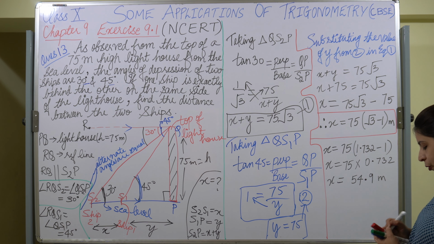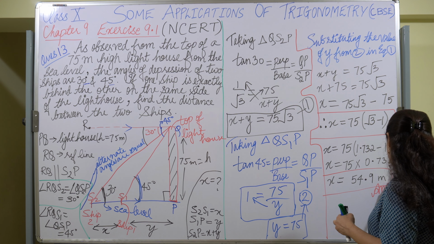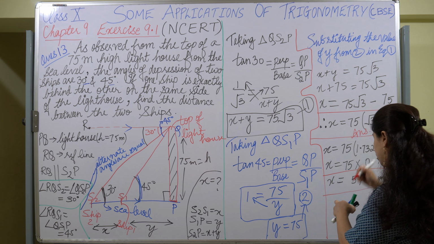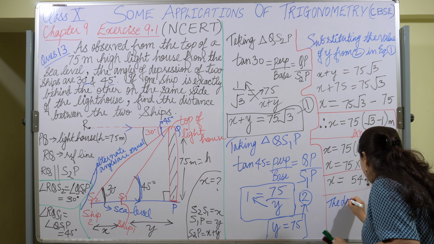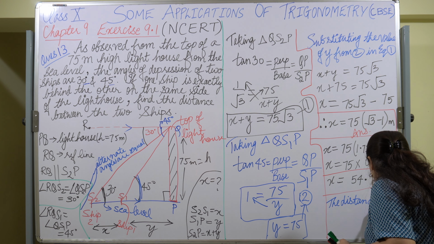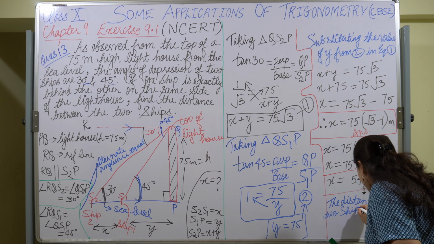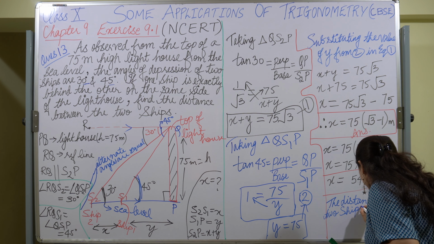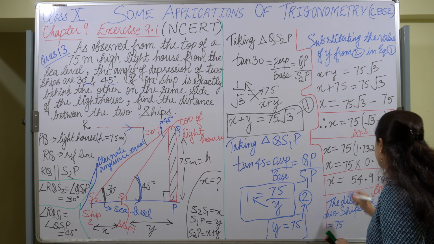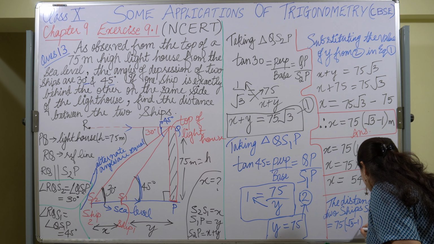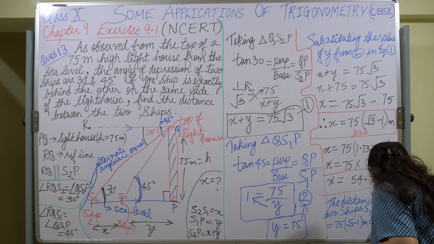So this is my answer. We can write it down over here: the distance between the two ships S1 and S2 is equal to 75 times root 3 minus 1 meters, which is equal to 54.9 meters.